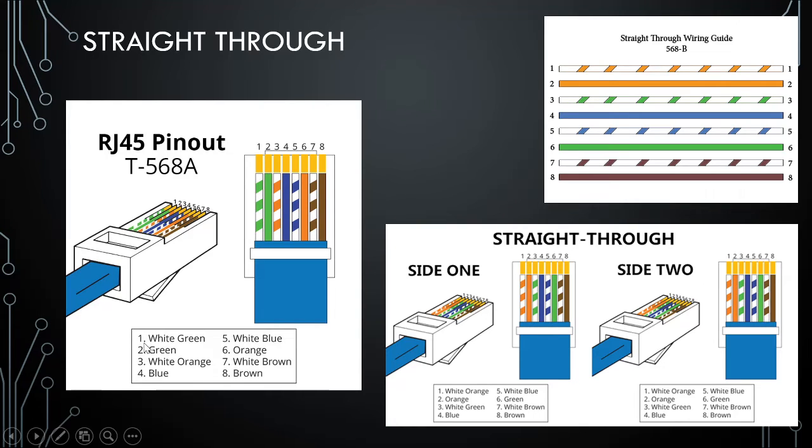So pin 1 is white green, pin 2 is green, pin 3 is white orange. Pin 4 is blue, pin 5 is white blue, pin 6 is orange, pin 7 is white brown, and pin 8 is brown.